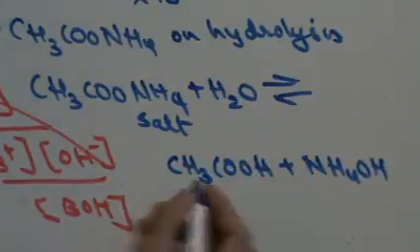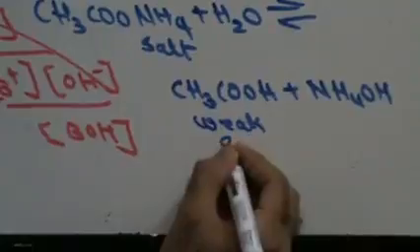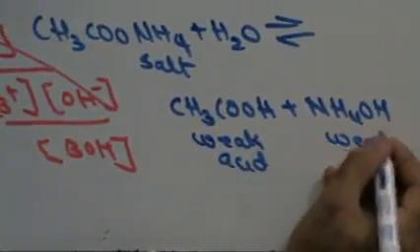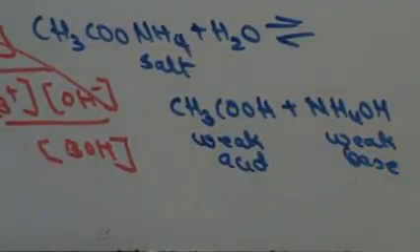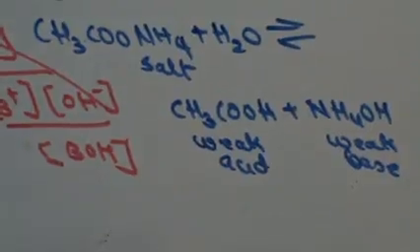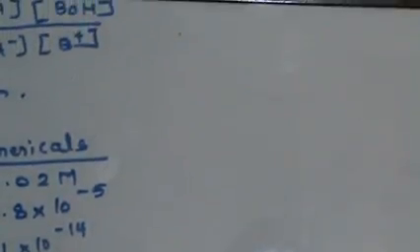So that is a weak acid and this is a weak base. That means ammonium acetate is a salt of weak acid and weak base. Therefore Kh is going to be Kw upon Ka into Kb. That's my equation for a salt of weak acid and weak base.